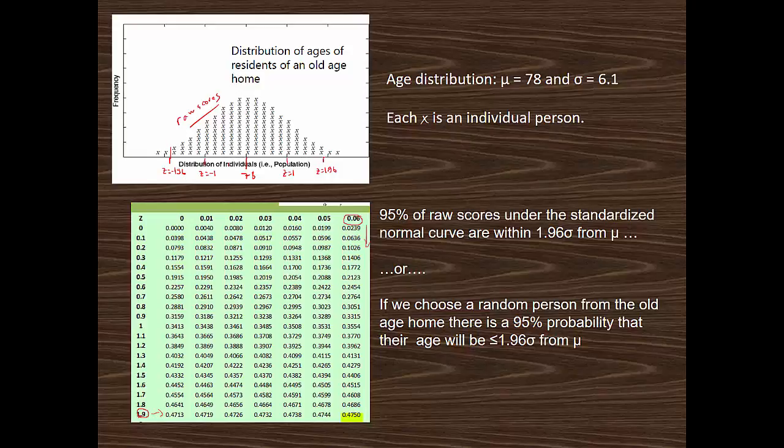What the previous statement has said is that this is 95% of all raw scores. And we know that for sure when we look up, if you trust the Z tables, the Z tables tell us that 1.96, so we come across here, 1.96, right?